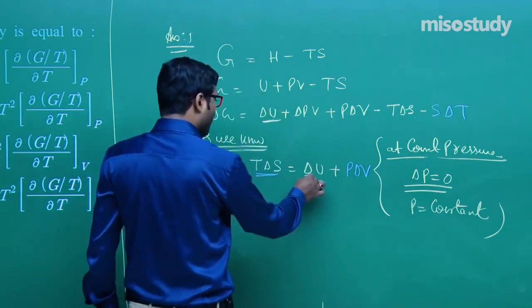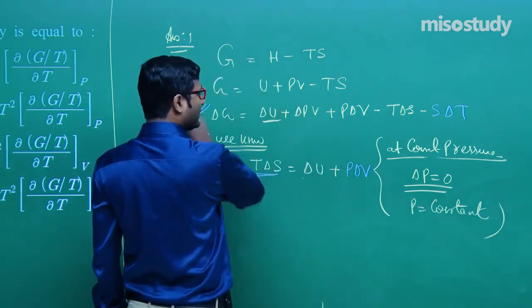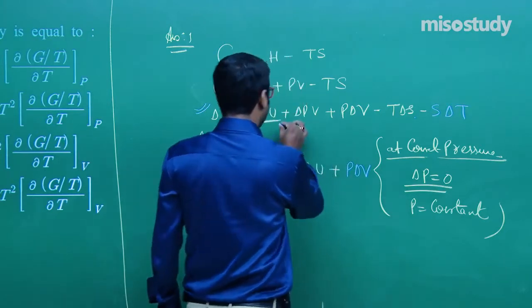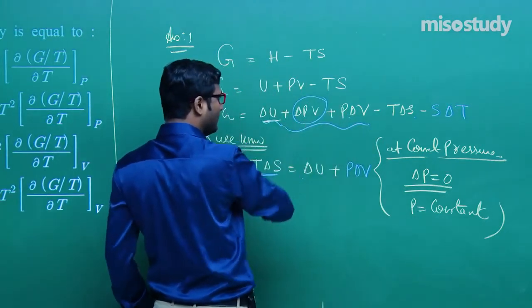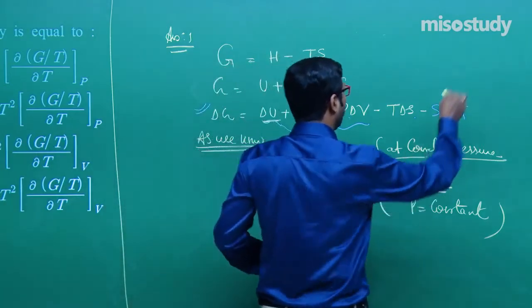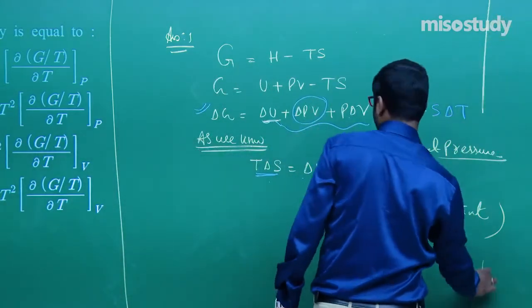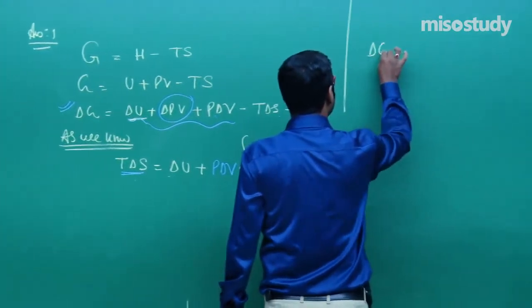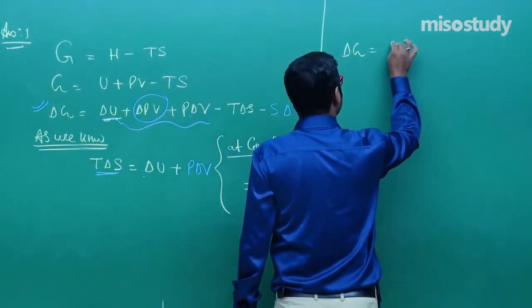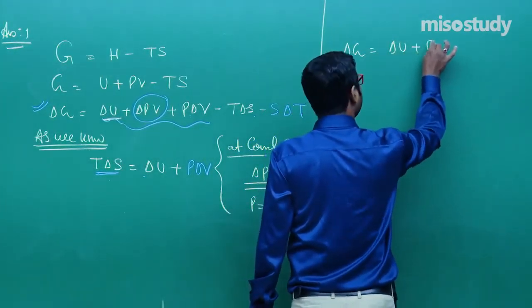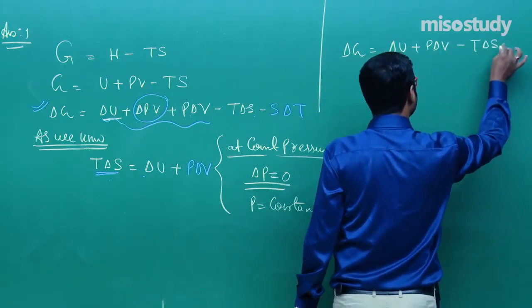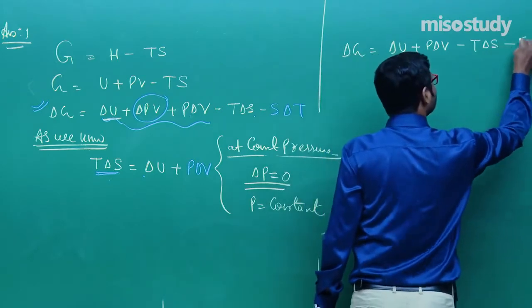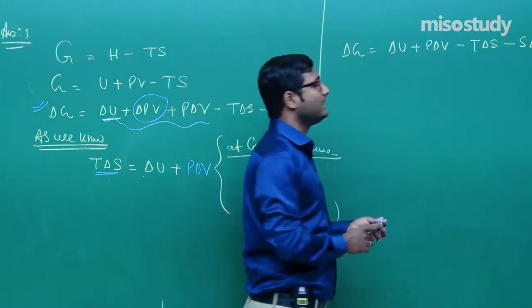Now put this value in the given equation, then what will happen, friend? Delta U plus P delta V minus T delta S and minus S delta T. Clear to you?